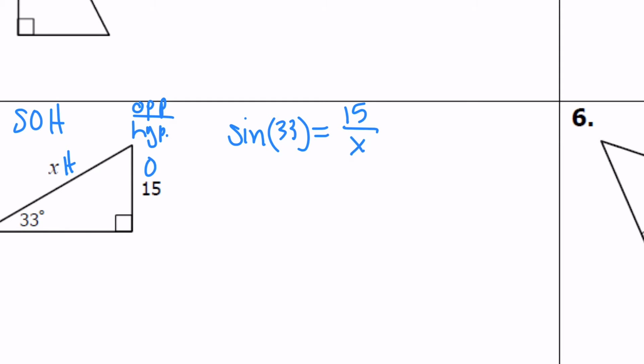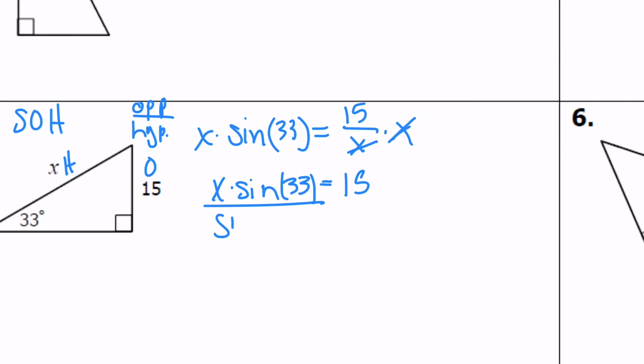Now this one's a little bit different. I can't just multiply by 15 and keep going. That's not going to eliminate that 15 and leave x by itself. I have to multiply by x first. That's going to cancel it over here, leaving me with x times the sine of 33 is equal to 15.